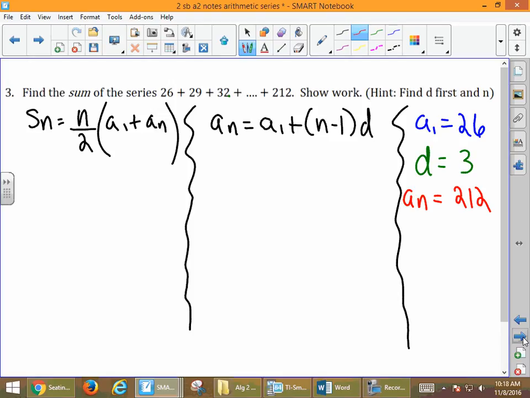And we're going to go back into our second formula, the one that we used yesterday a lot. So we can fill it in. 26 plus n minus 1 times d, which is 3, and that's going to equal our 212.